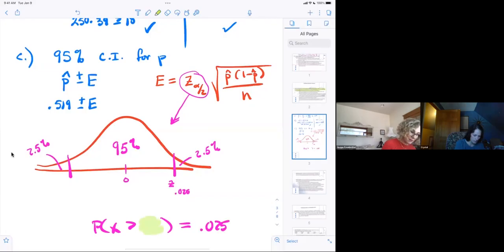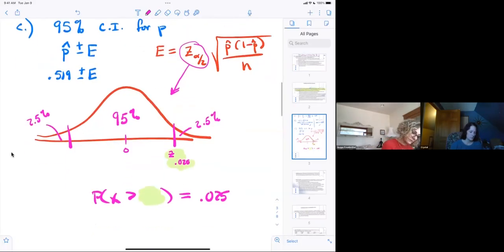So the critical value then would pop up to be 1.96. So right there on the number line, 1.96 is the critical value that separates that top 2.5%.